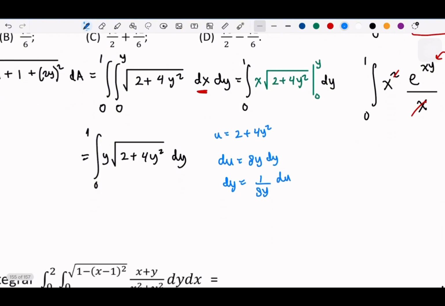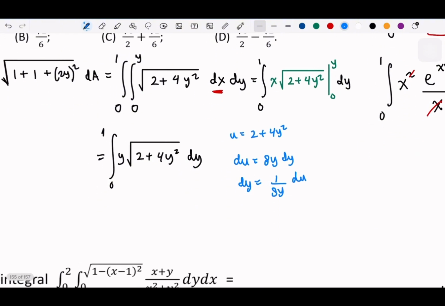So I will exchange that, and I will have 1 over 8 and then the square root of u. If you want to take this into u variables, you can and change the endpoints, but I will take this into just y, and then we could integrate.